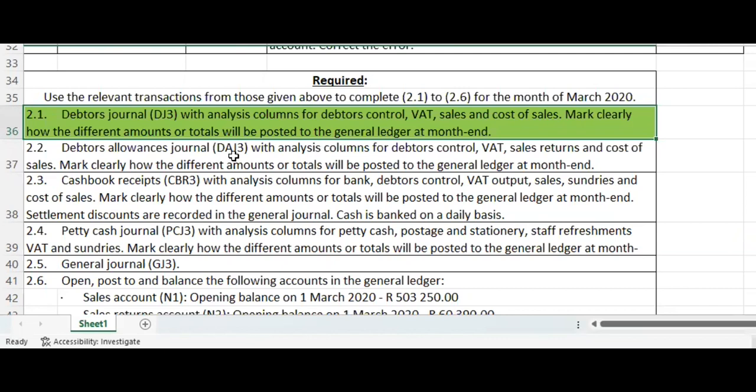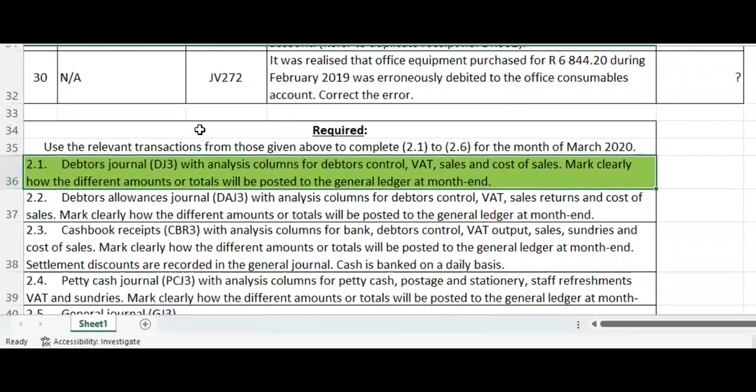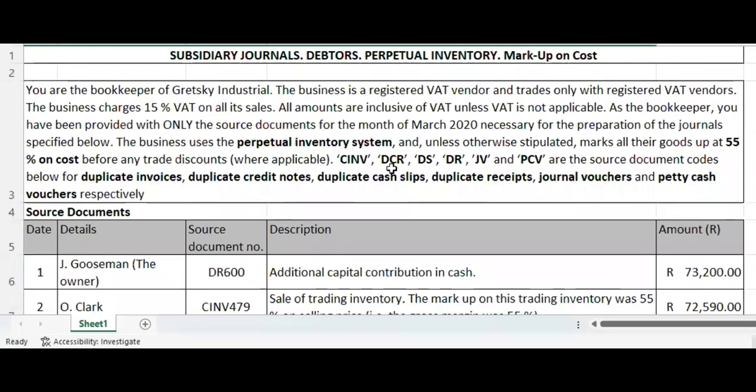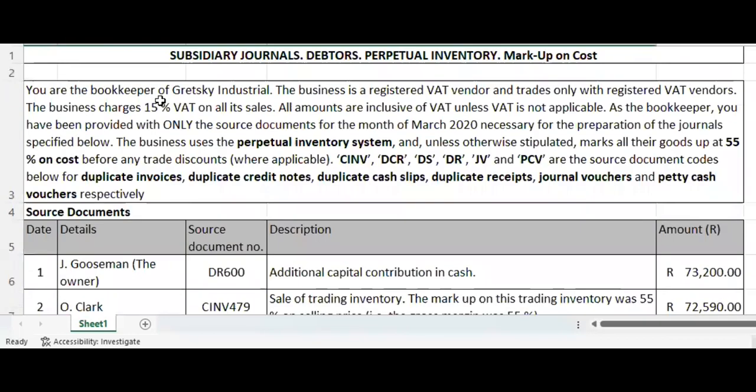You are supposed to mark clearly how the different amounts or totals will be posted to the general ledger at month end. So now for the debtors journal, we are going to identify all those transactions that must be recorded in the debtors journal. And which will those be? All those where we see that there is a duplicate invoice that was generated. So let's go and look at all of those.